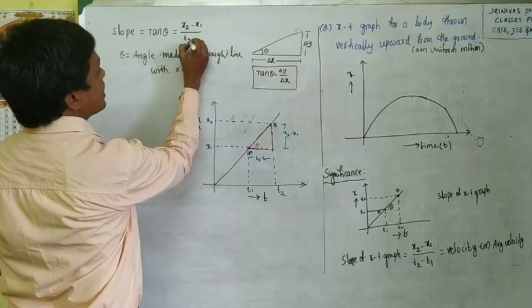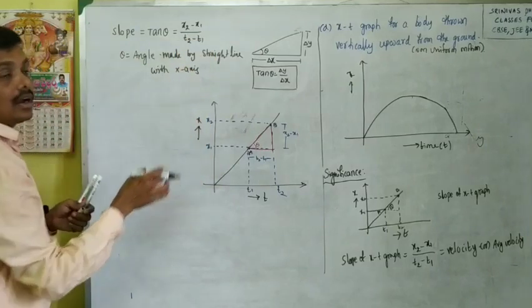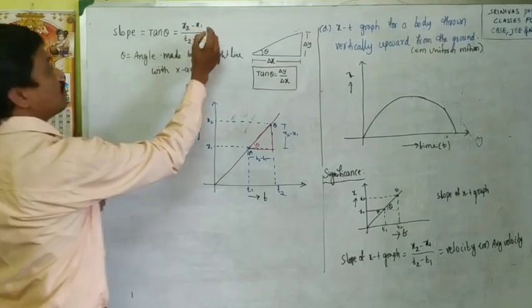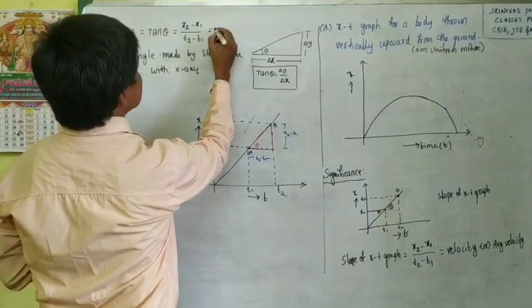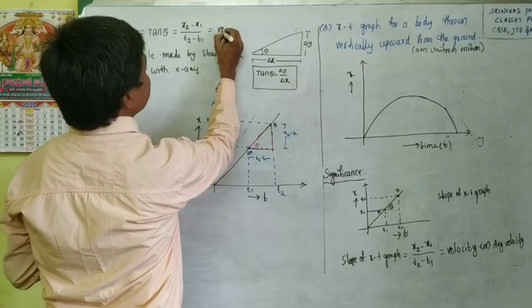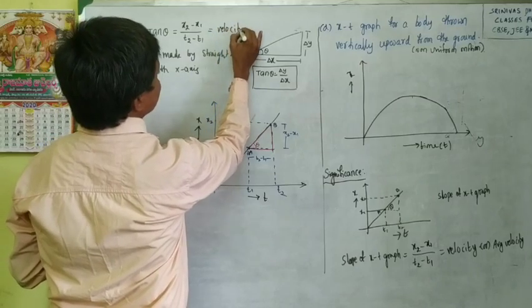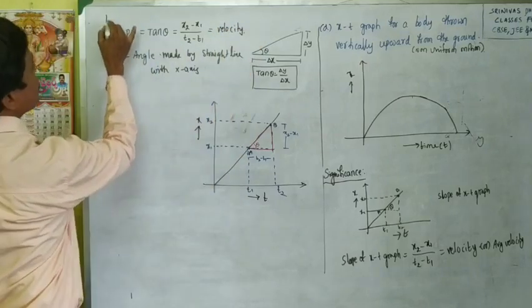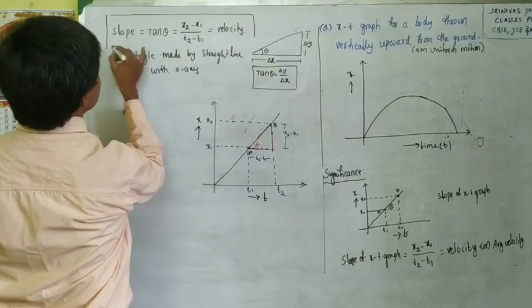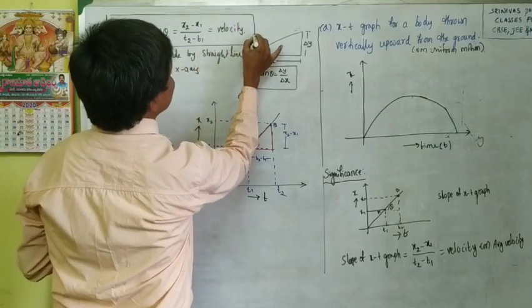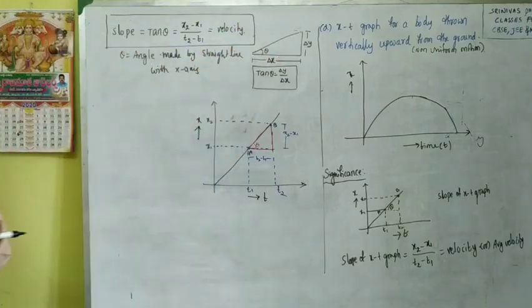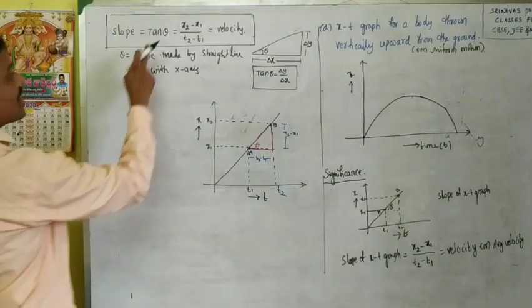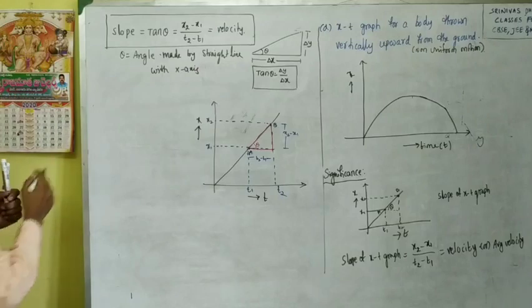This is the displacement and this is the time. Displacement by time gives velocity. That means the slope is equal to tan theta, which is equal to velocity, right? The slope of the position-time graph indicates the velocity or average velocity.